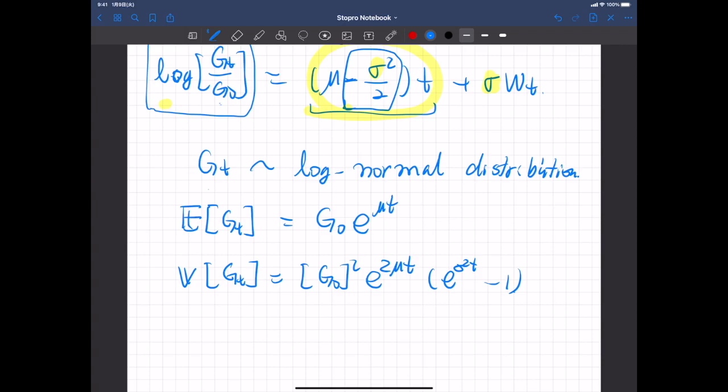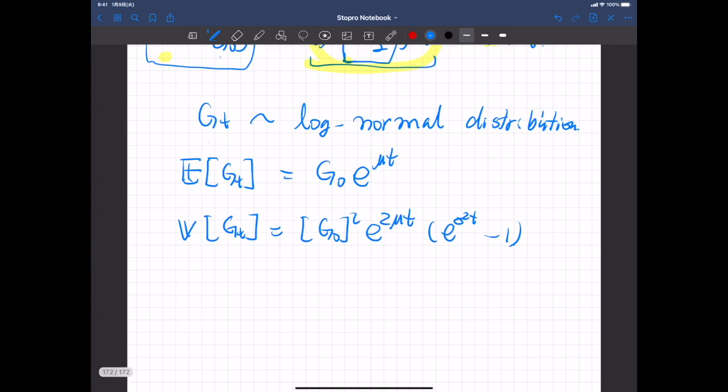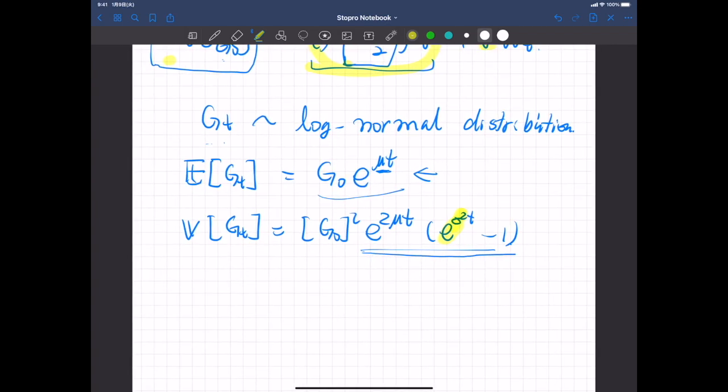So on average, this gt grows exponentially with this rate. At the same time, the variance also grows exponentially with this amount. In this average value, we don't have any sigma involved, but in the variance we have sigma here. So apparently, the Wiener process doesn't have any effect on the average, but it affects the variance somehow.